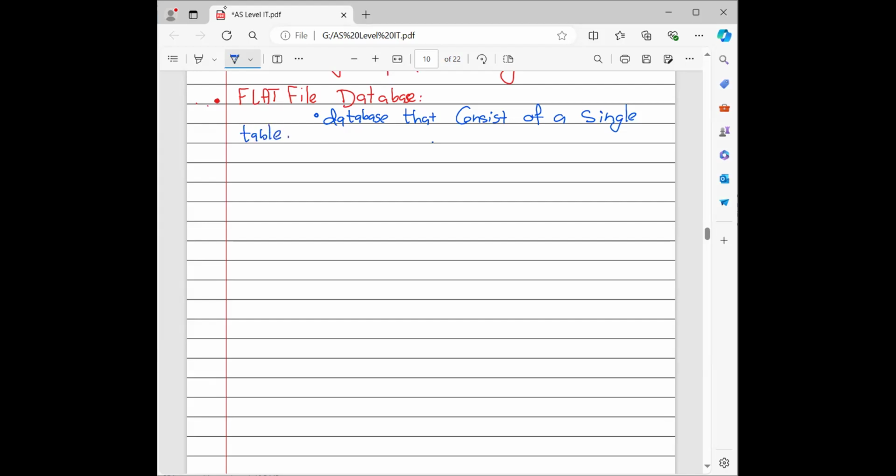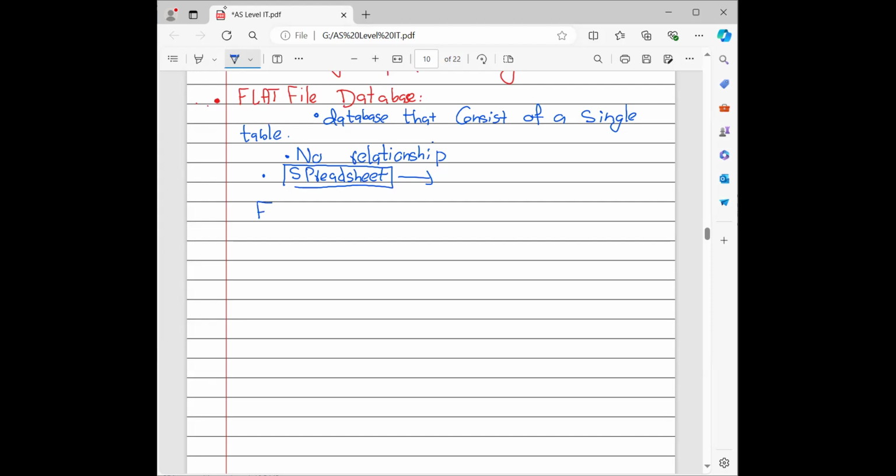That means it consists of a single table and it has no relationship with any other table. It is like looking at all the data in a single worksheet in a spreadsheet. If you have a single spreadsheet and you are just looking at that data, that means this is a flat file system. A flat file means that you have no relationships; your entities are not connected with each other.